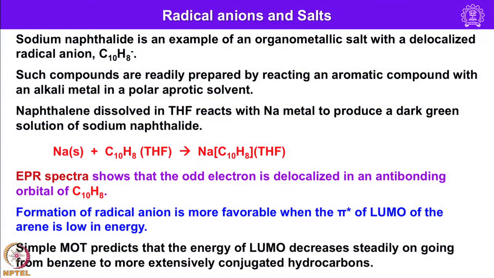Sodium naphthalide is an example of an organometallic salt with a delocalized radical anion C10H8-. Such compounds are readily prepared by reacting an aromatic compound with an alkali metal in a polar aprotic solvent. Usually tetrahydrofuran is used. So, naphthalene dissolved in tetrahydrofuran reacts with sodium metal to produce a dark green solution of sodium naphthalide.